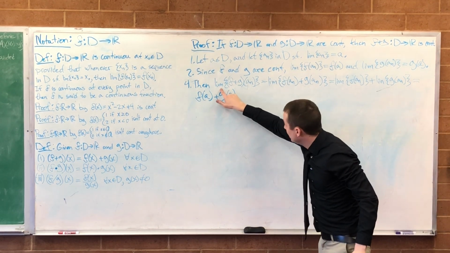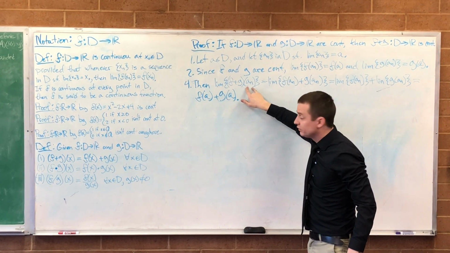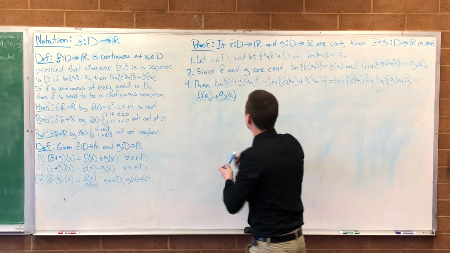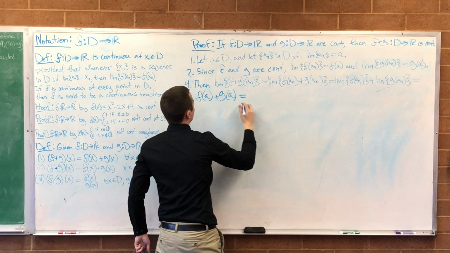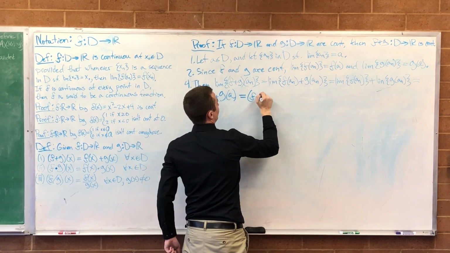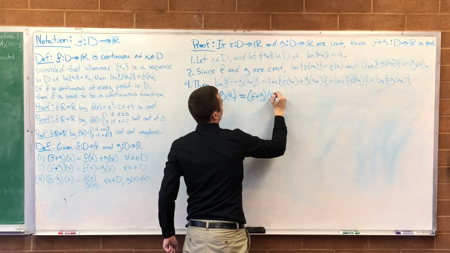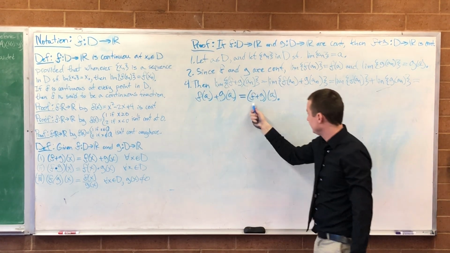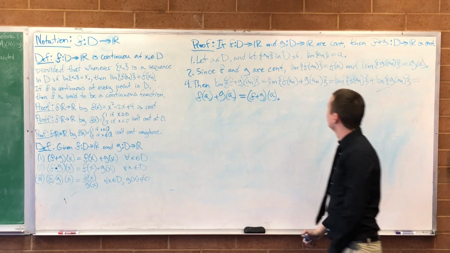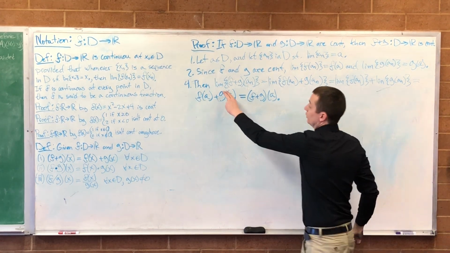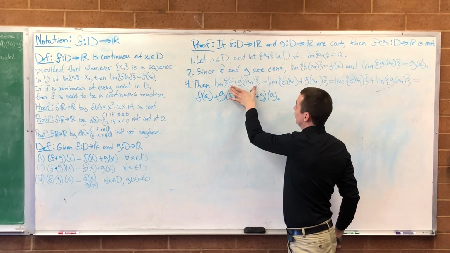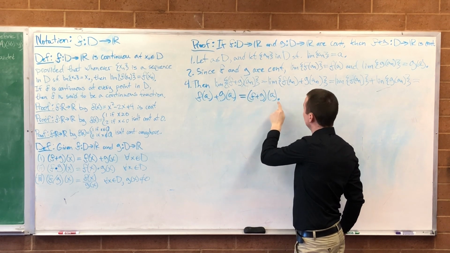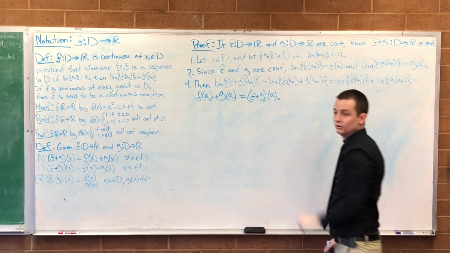Let me do one more line here, which is equal to (f plus g) of a. By definition, that's what this is. So the limit of the image of the sequence is equal to the image of the limit of the sequence.